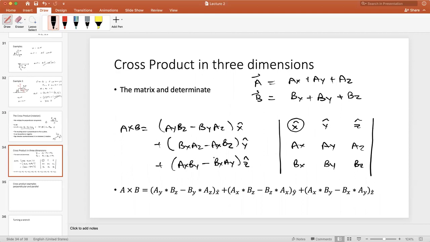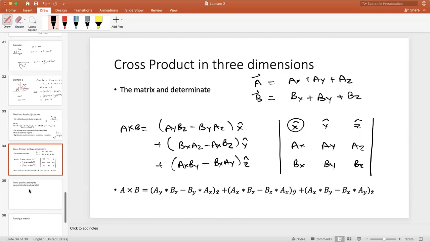What this is really saying is that you multiply the perpendicular components, and that gives you a perpendicular rotation. Cross products are rotations. They are actually vectors.